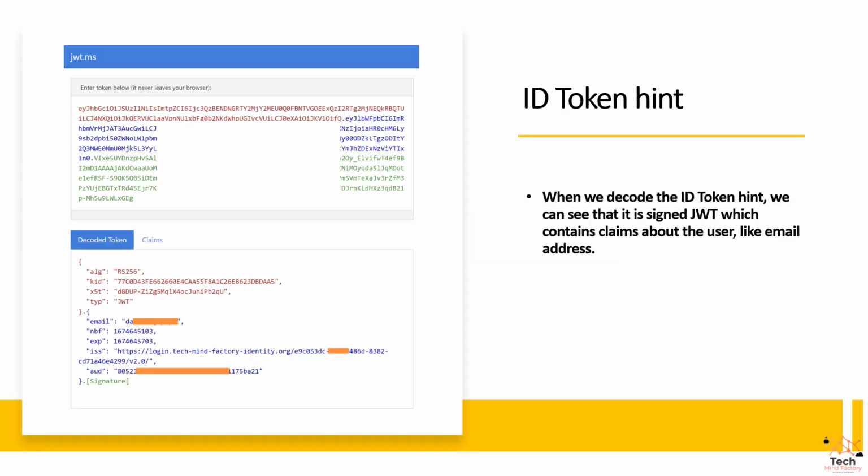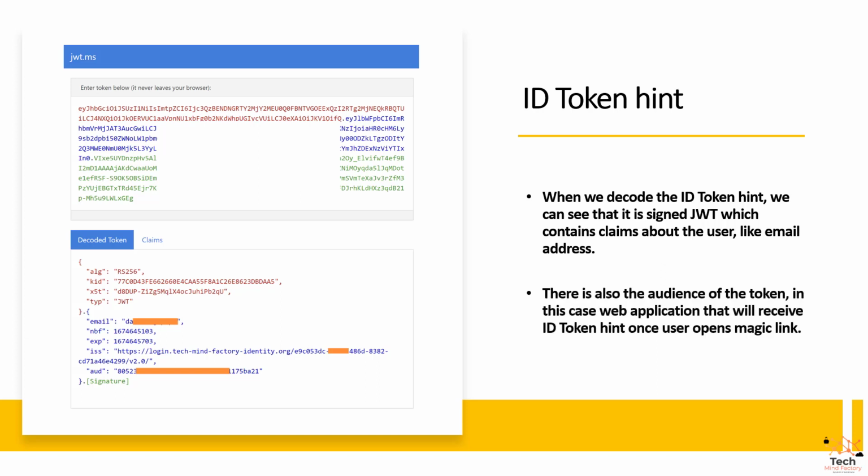Now, let's talk a little bit more about the ID token hint. When we decode the ID token hint, we can see that it's a signed JWT, which contains claims about the user, like email address. On the left side, you can see the decoded ID token hint, and you can see that it's a typical JWT token, and inside it we have different kinds of claims like email, issuer, and audience.